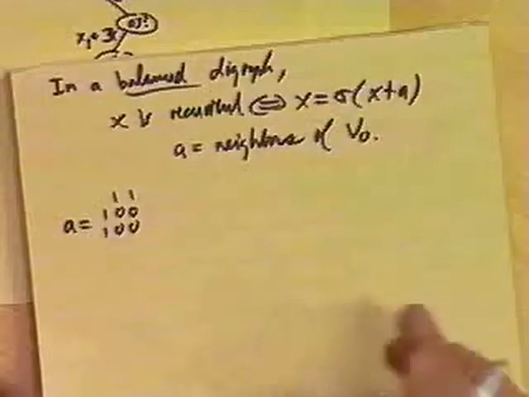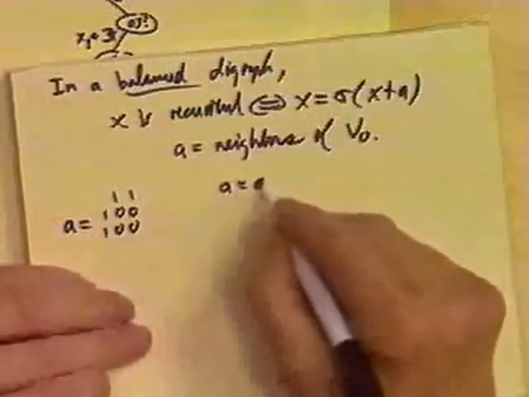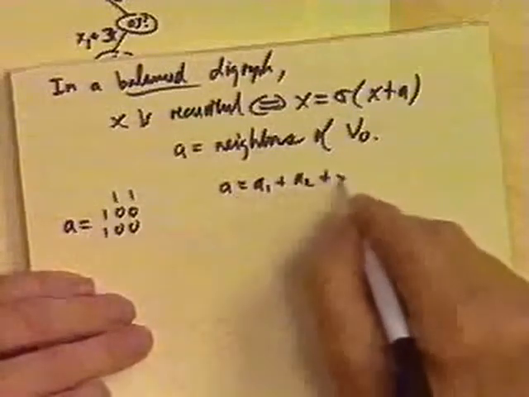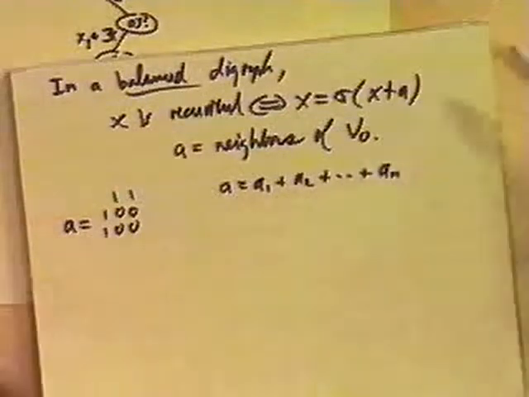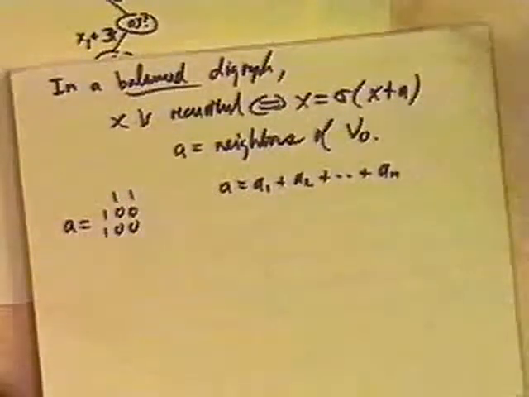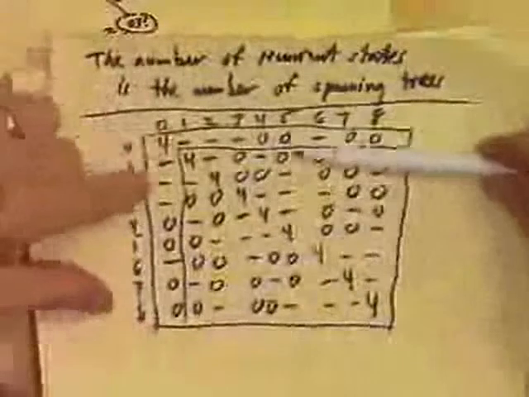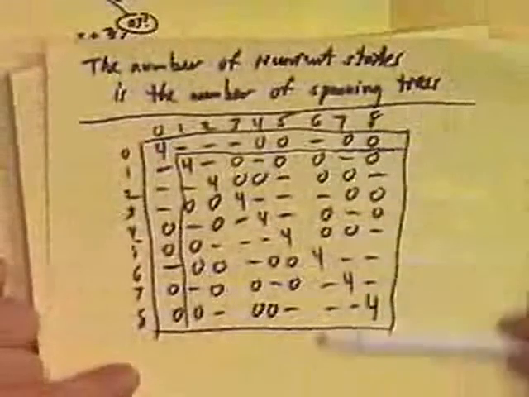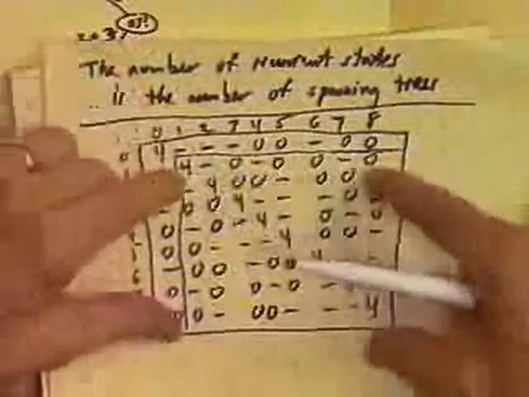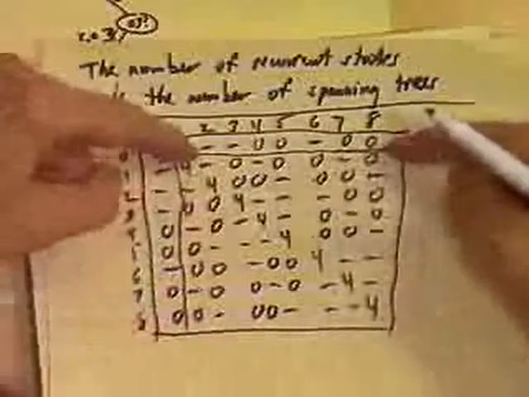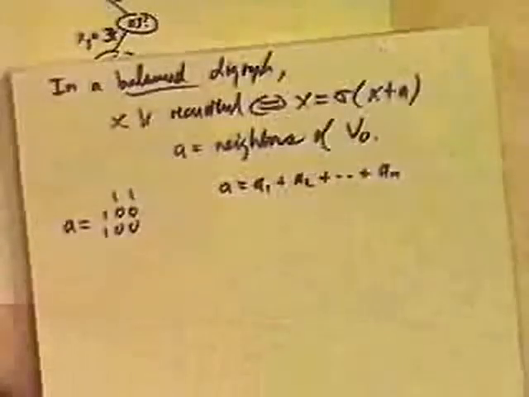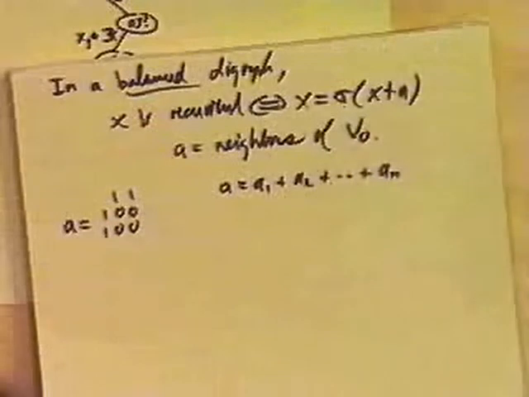And well, the reason is basically that a is equal to a1 plus a2 plus an, because of the form of this matrix, you add up all the rows and you get 0. And so the sum of these guys is the negative of the top row, and so you're sort of adding 0 to that.